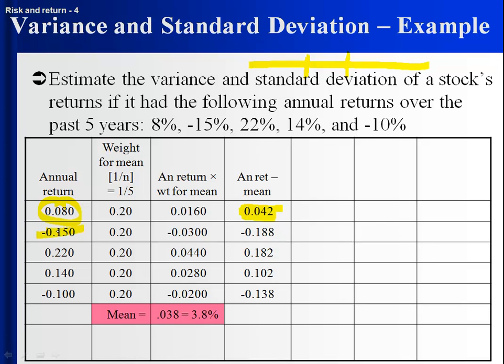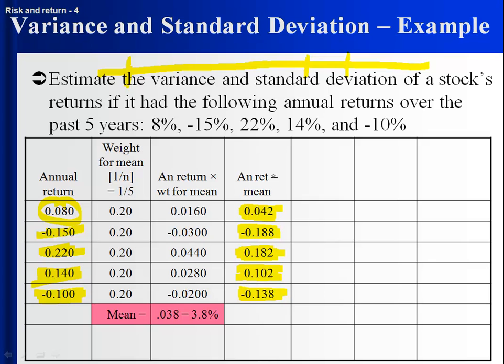Here, if we're at negative 15, so negative 15 is way over here, and the mean was 3.8, we undershot it. That year it was 18.8 percentage points below. That was the deviation. Next year, 22%, the mean's 3.8, so 22% is 18.2 percentage points greater than 3.8. 14% is 10.2 percentage points greater than 3.8, and negative 10 is 13.8 percentage points below 3.8.